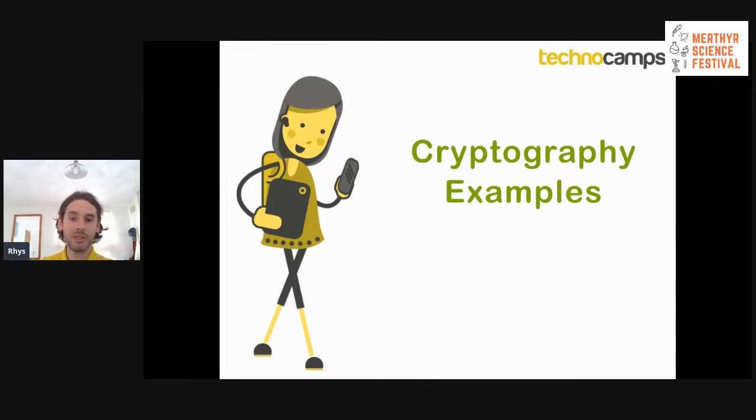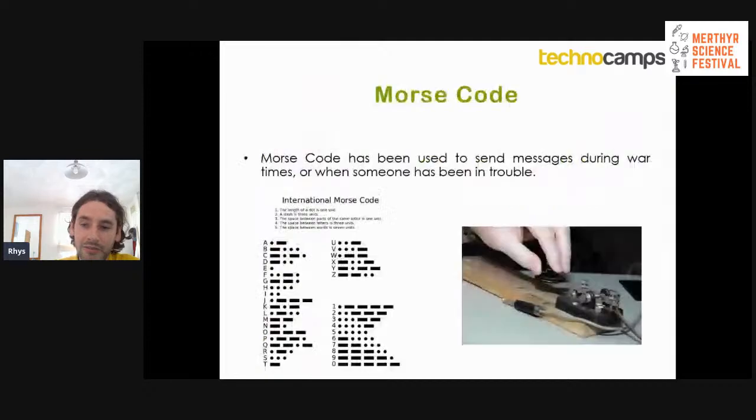So let's look at a couple of examples of cryptography being used in real life. So I'm sure loads of people have heard of Morse code. So Morse code is something that we can use to send messages, and it's been used a lot in war times, especially, for example, when people have been in trouble.